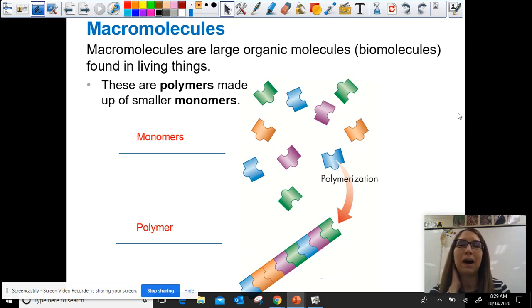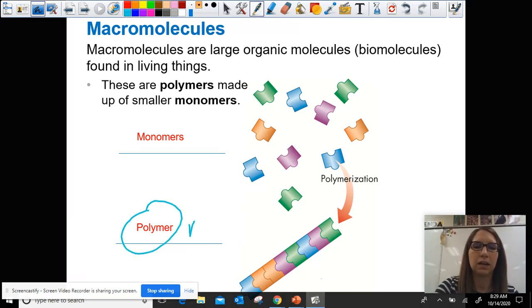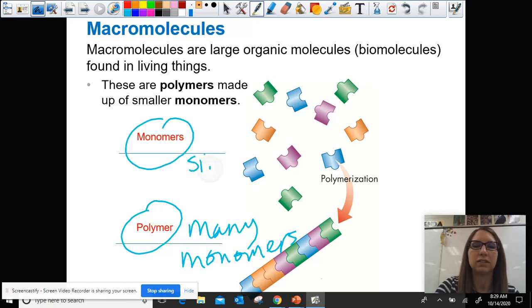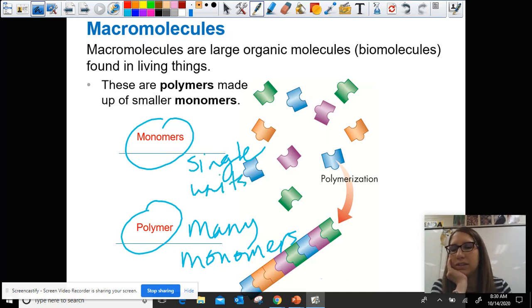So when we talk about polymers, the term polymer means we have many monomers that are linked together, okay? Many monomers that link together. Monomers, on the other hand, are just identified as the single units, or sometimes we call them the subunits, that together interact in different forms and with different types of bonds to form these large polymers.